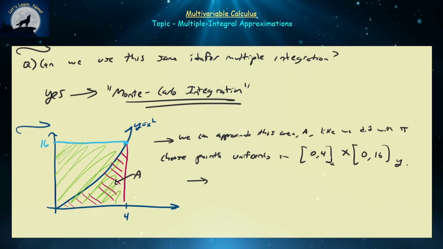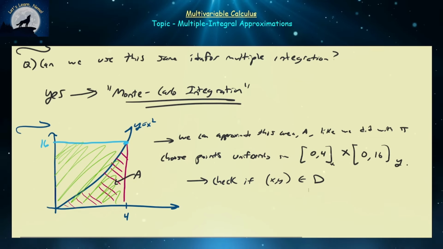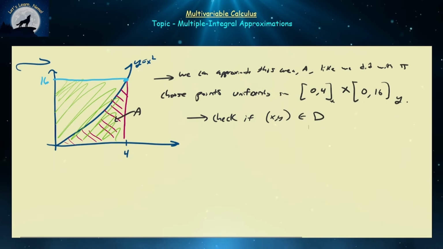And then once we choose points uniformly in this thing, we check if our point xy belongs to our domain D. If it does, then we use it, and if it doesn't, we don't. So how do we check if our point belongs to D? If we choose a random number x and a random number y, either y is going to be less than or equal to x squared, or y is going to be greater than or equal to x squared, or y is exactly equal to x squared if it lies on that boundary.